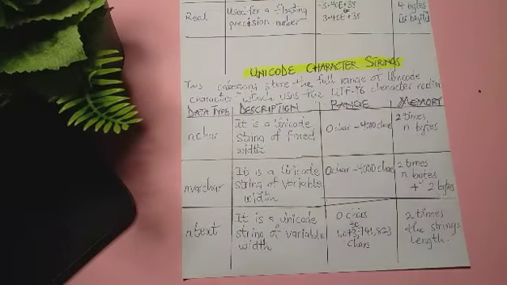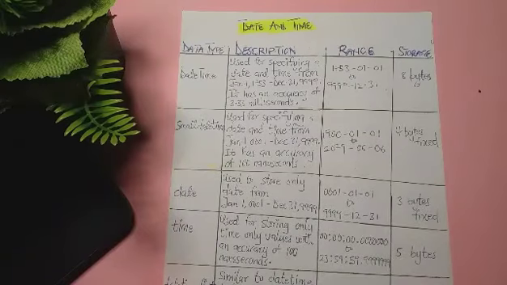Let's look at the date and time data types. We have the datetime data type. It's used for specifying a date and time from 1st January 1753 to 31st December 1999.